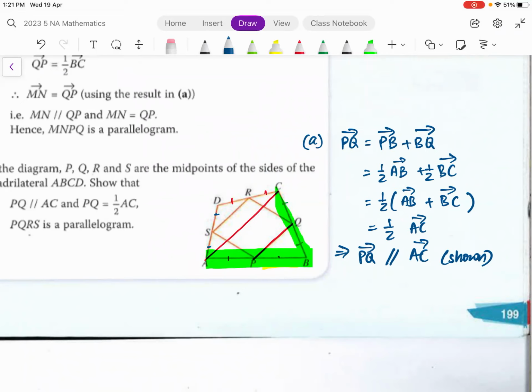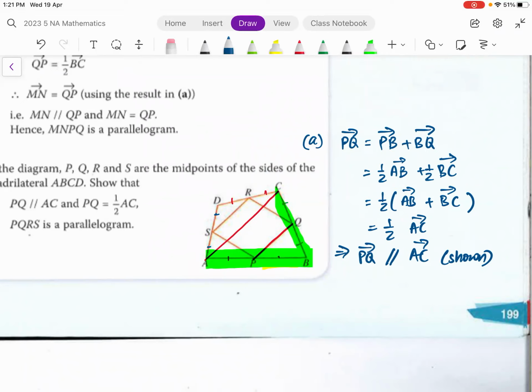So need help for this, anybody? Okay. So here we have OPQR, a parallelogram. Just remember, opposite sides parallel, and in fact, same length, same magnitude. M is the midpoint again.